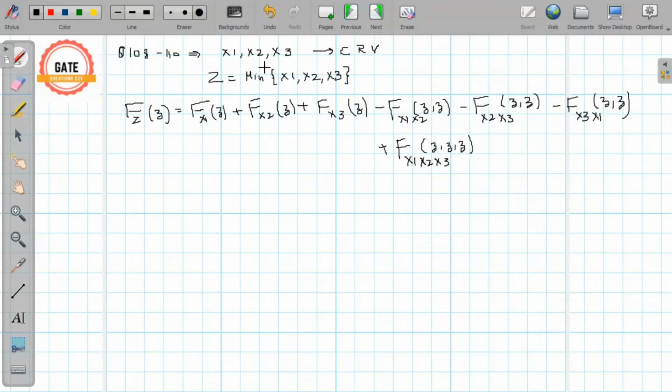So that was the end result when x1, x2, x3 are continuous random variables and z is equal to the minimum among x1, x2 and x3.